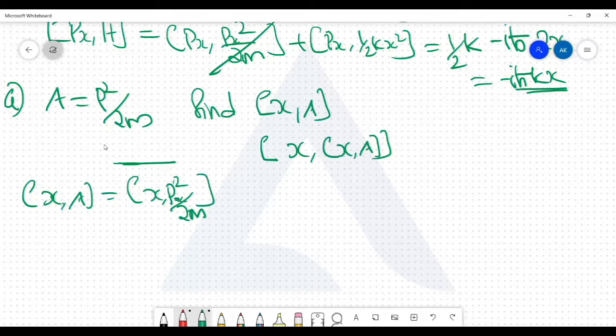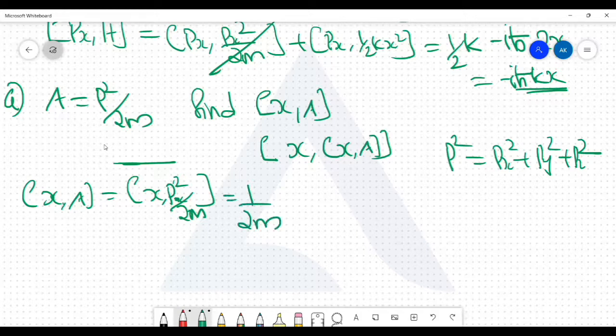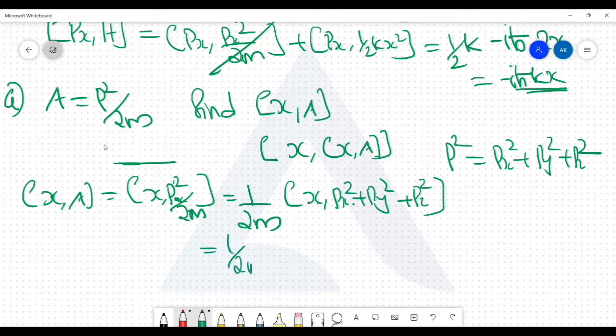Let me write it as p² by 2m first. p² means px² plus py² plus pz². So 1 by 2m can be taken out, [x, px² plus py² plus pz²]. But only [x, px] is non-vanishing. Therefore, 1 by 2m into [x, px] is iħ into the derivative of px², which is 2px. So you are left with iħ px by m.